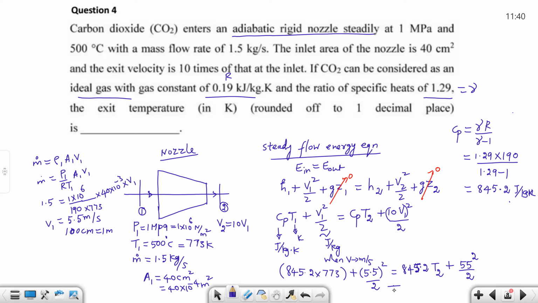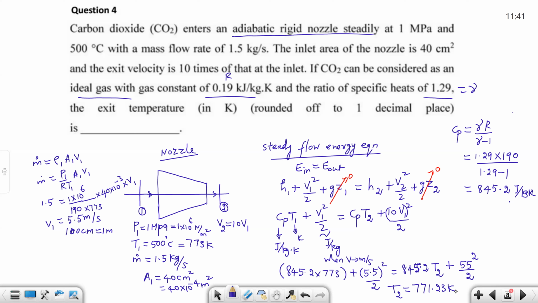So now you will get T2 in Kelvin: 771.23 Kelvin.